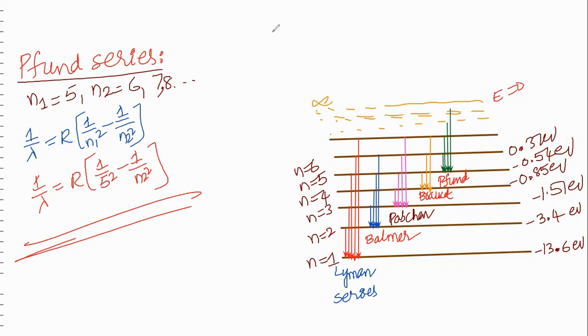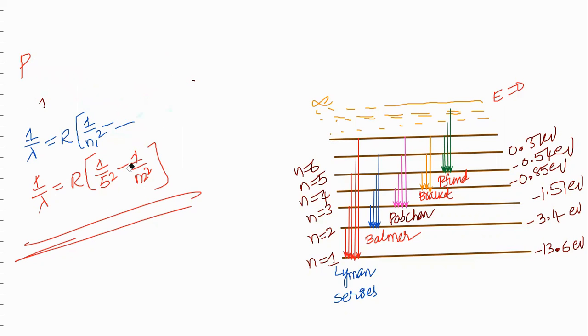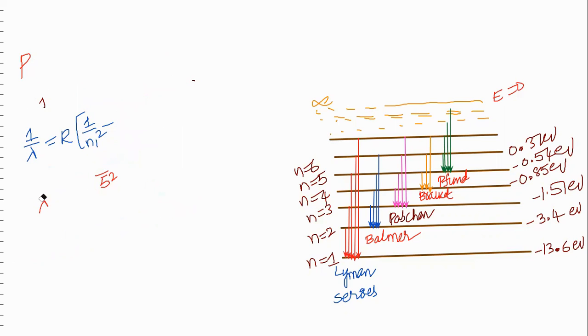When the electron jumps from any of the higher orbits to a lower orbit, it emits energy. Then the number of spectral lines emitted is to be calculated.